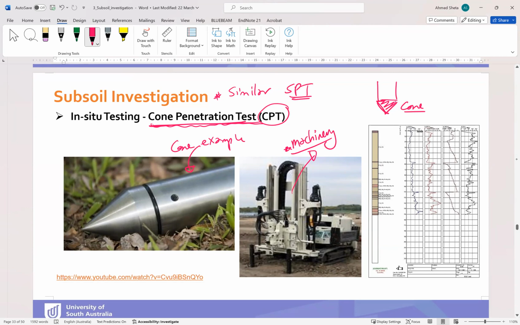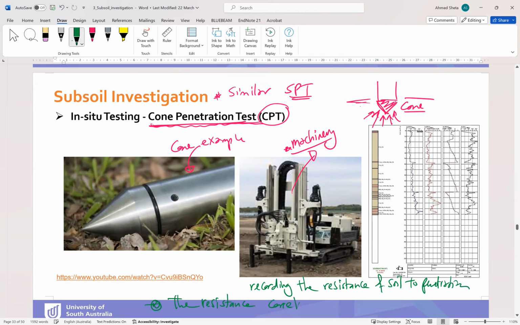This cone will have some resistance from the soil, and this machine is recording the resistance of the soil to penetration. The resistance of the soil correlates to the soil strength.